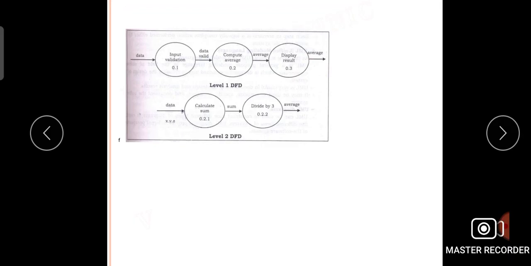Input validation, compute average and display result are covered by the level 1 data flow diagram. Calculate sum and divide by 3 is the process of our level 2 DFD diagram, and that depends on the context level and level 1.